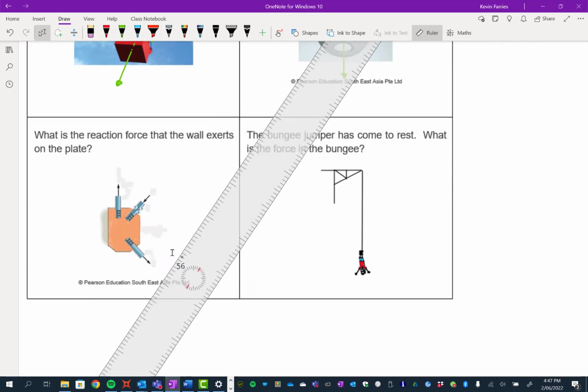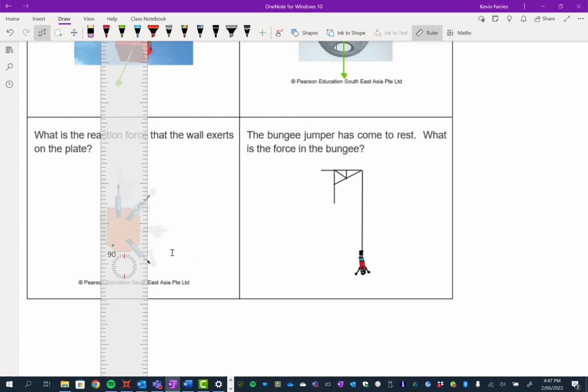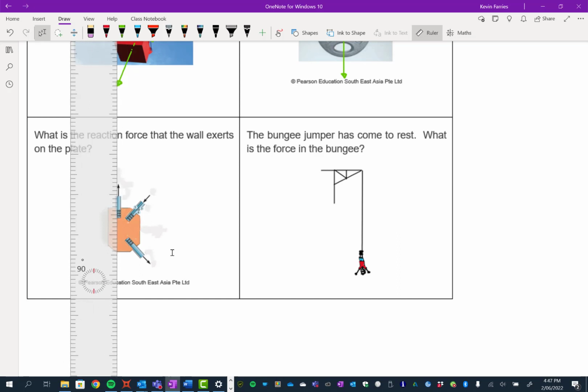This problem is a little bit similar. So again, we've been asked to find the reaction force that the wall exerts on the plate. To find the particle of interest, so the point that we're going to consider for particle equilibrium, we're just going to trace back the line of action of each force.